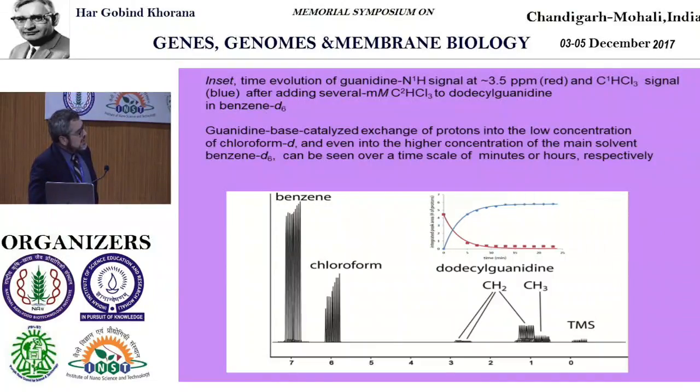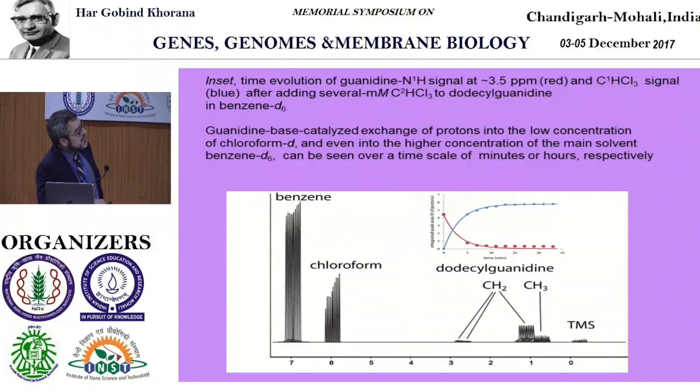And so you cannot see the protons of the guanidine group because they're so broad and down in the noise here. But in terms of numbers of protons, what those 4 protons are doing is shifting onto the chloroform D, resulting in protonated chloroform rising with time. You can see this in this plot.